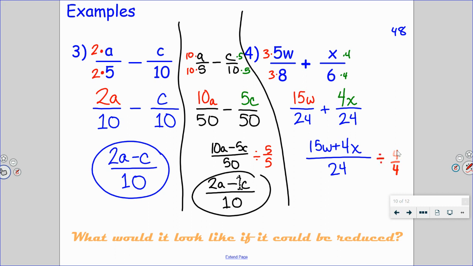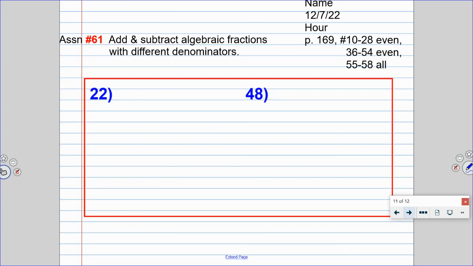Or you might have spotted, say, a 3, and while 3 goes into 24 and 15, it does not go into 4x's. So in fact, ladies and gents, we already have our final answer in simplest form. If we were to add those two algebraic fractions, finding a common denominator first, we would end up with 15w plus 4x all over 24.